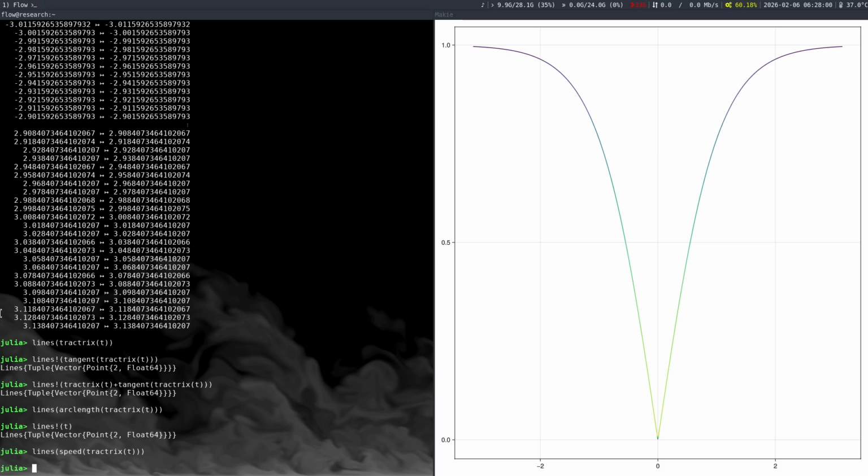So what we can do is visualize this tractrix.